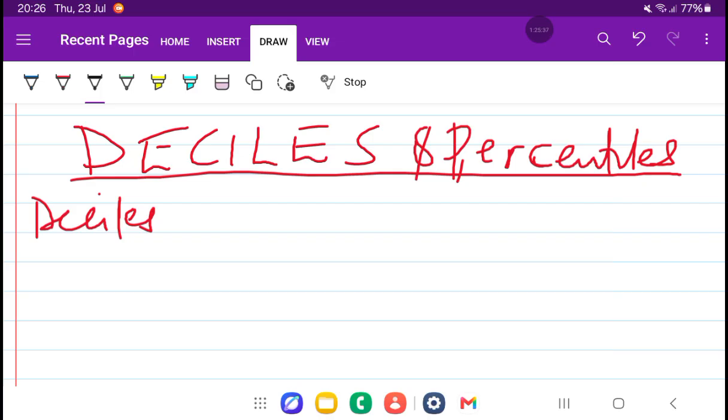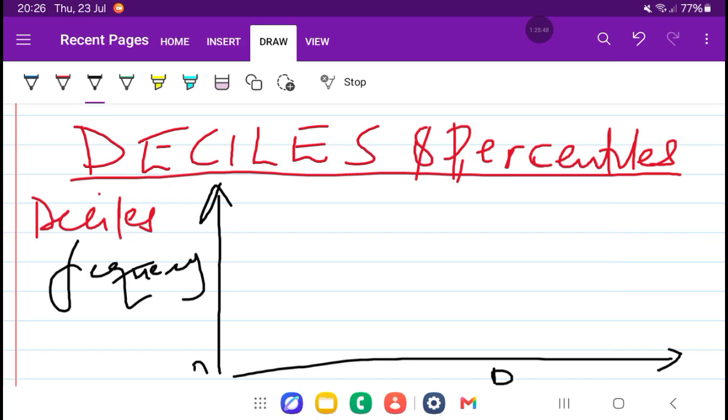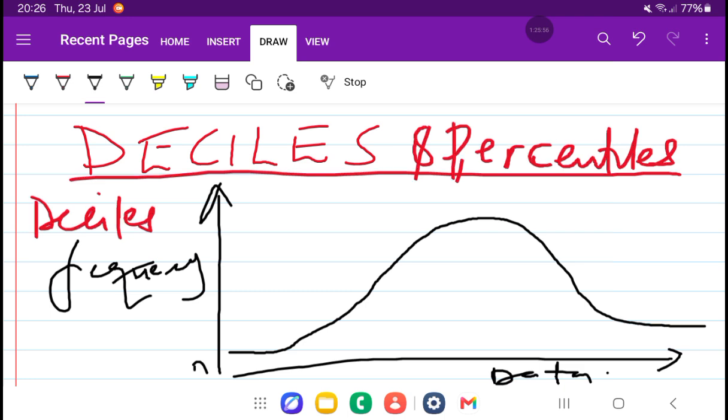So we can have a graph like this. This will have frequency 0, then here we have the data. Now we are drawing this. You have to be very careful. Ask yourself why whenever we draw something like a cone or a bell shaped.